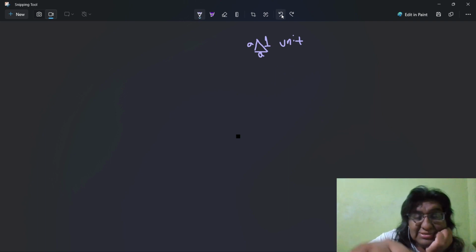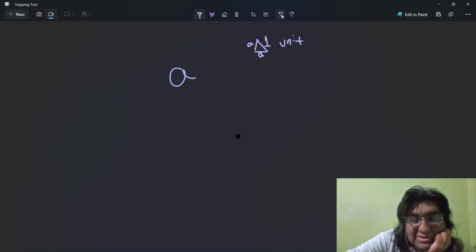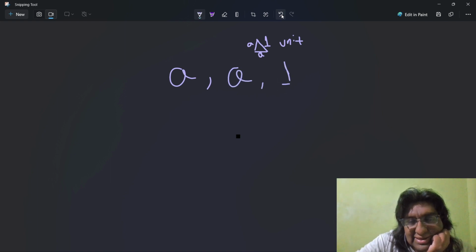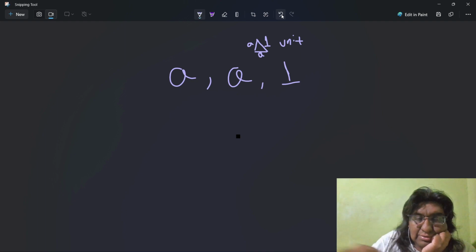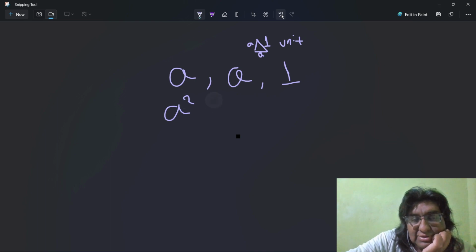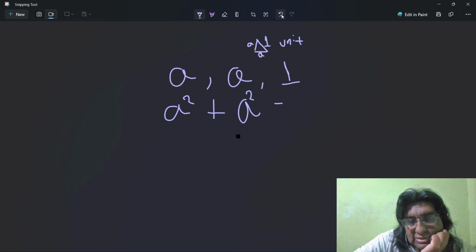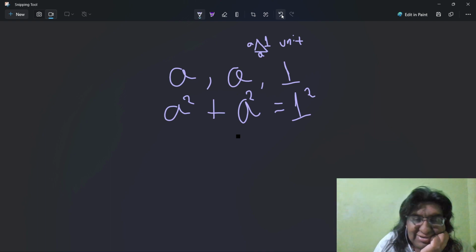Now, using the same reasoning, you will have a, a, and 1, and you start applying the theorem: a squared plus a squared equals 1 squared. You know that is 1, but you probably still want to write it there.